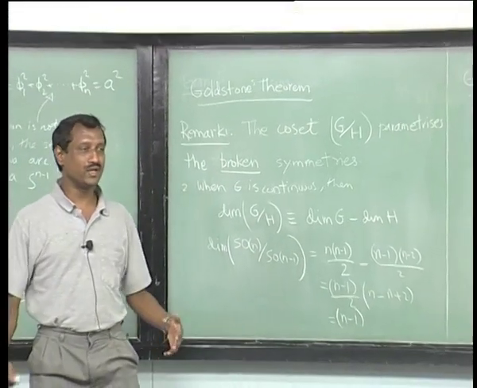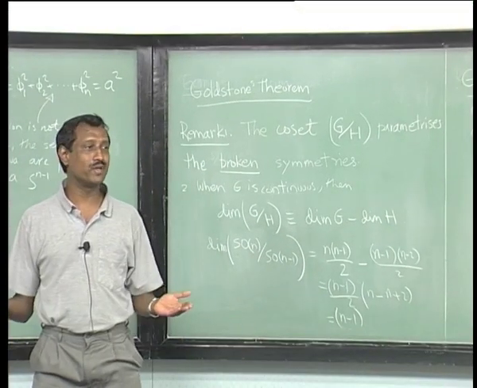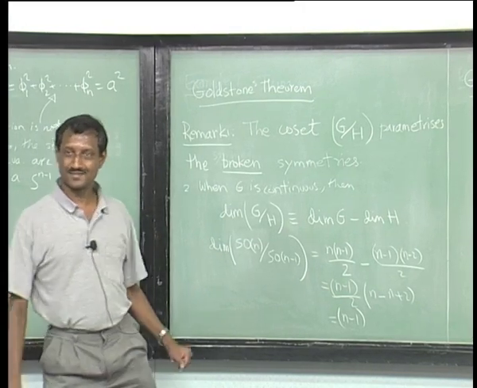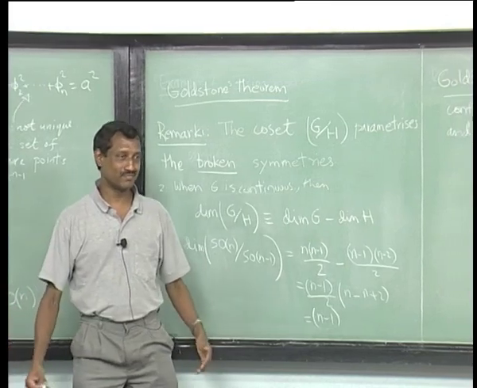In the sense of counting dimension of a discrete group, what would it be? 0. Just remember that, if the group is broken down.